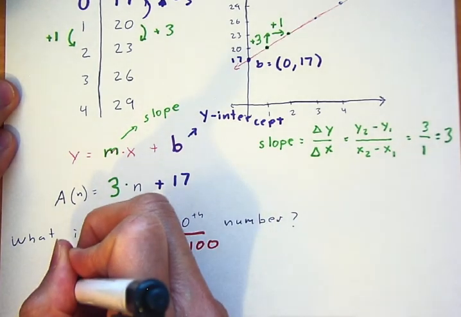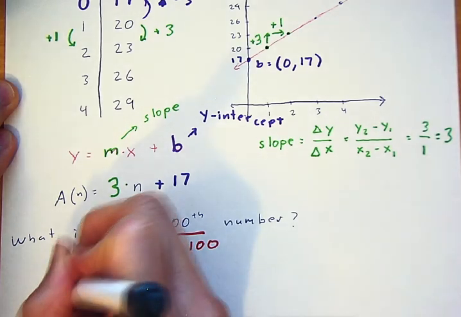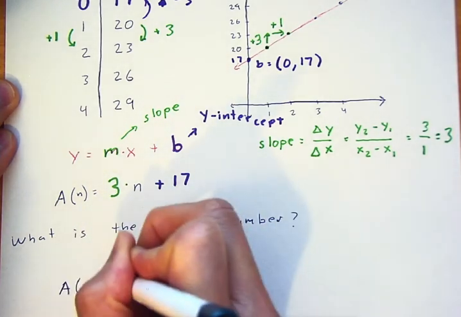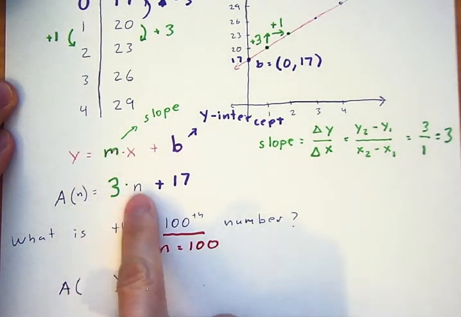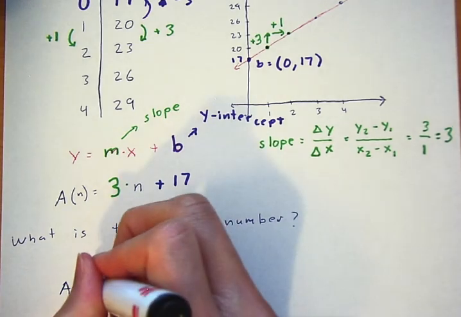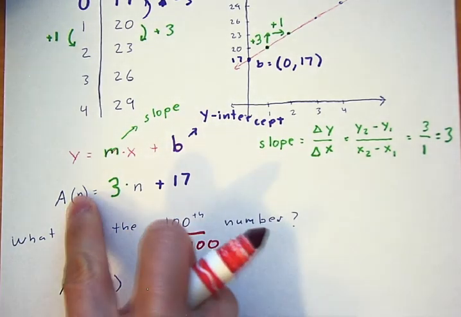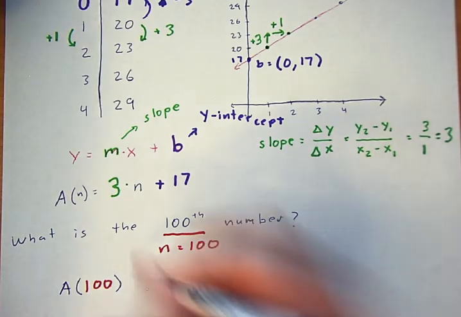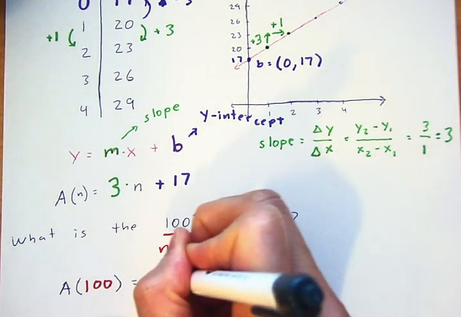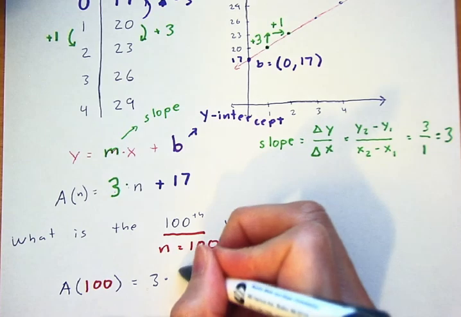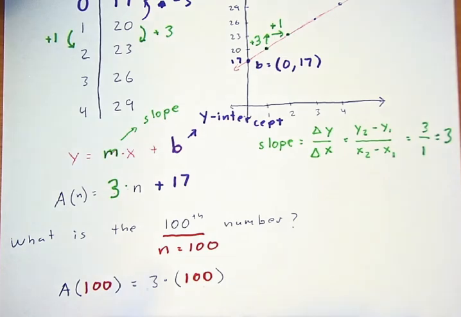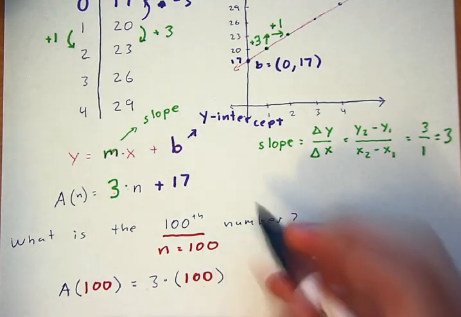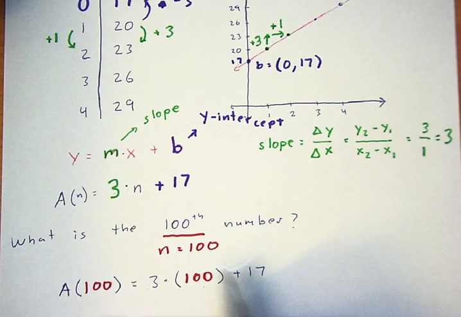So right now we're substituting n equals 100 into our equation. Anywhere you see an n, you change it to 100. So I change that n into 100. You have 3 times n, so 3 times 100. Notice as I'm substituting the n into the equation, every time I substitute it, I put it in parentheses.